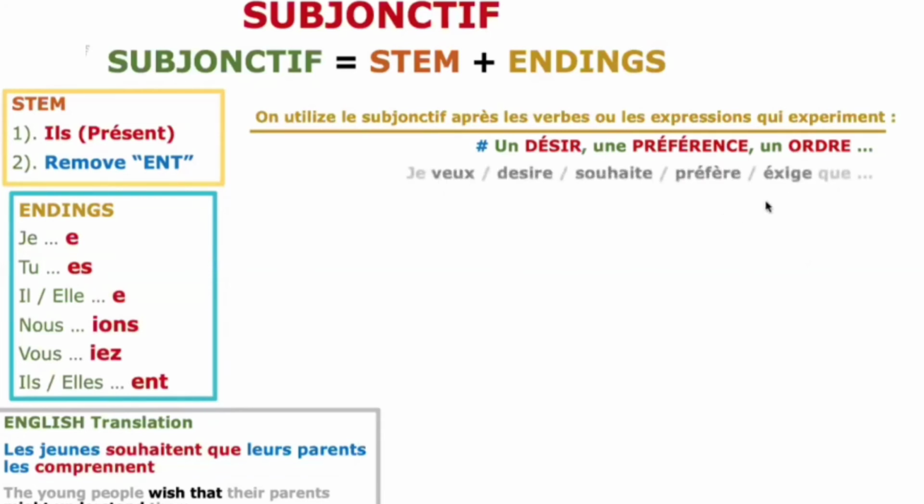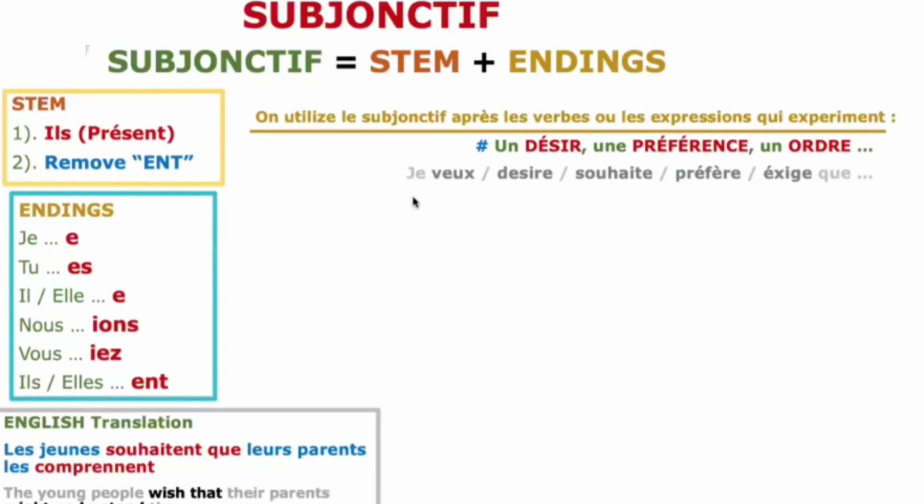See some examples. Je veux que. The expression always ends with que. Je veux que, I want that. Je décide que, I decide that. Je souhaite que, I wish that. Je préfère que, I prefer that. J'exige que, I demand that.